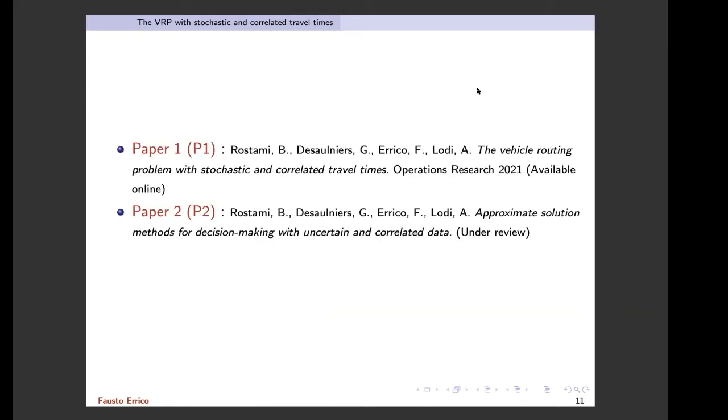Basically, in this presentation, I'm going to speak about two papers. One we have been celebrating its appearance in Operations Research after a long itinerary. The other one is still under review, and the second one is going to be mostly the main focus of what I'm presenting. So let's start.